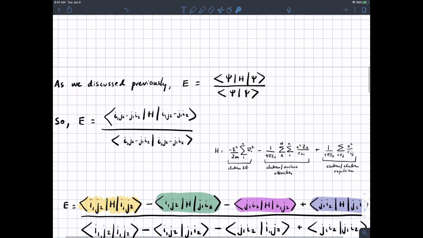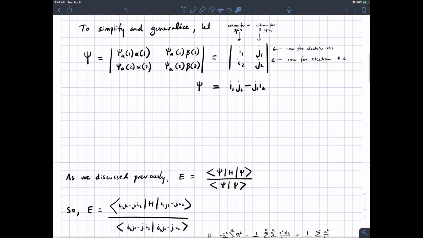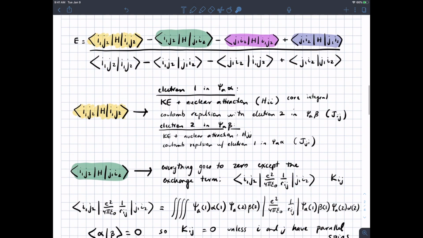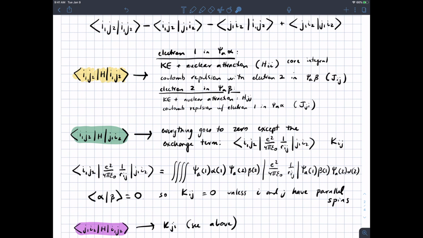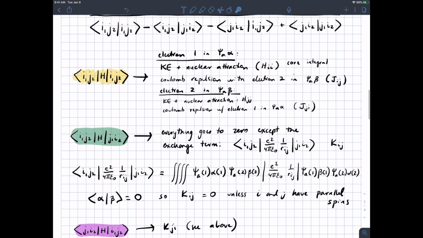If you go back and look at how we defined I1 and J1, notice that I1 has spin alpha, J1 has spin beta. The integral of alpha times beta over all space is just 0 because spins are orthogonal. So the kinetic energy term goes away. The term for nuclear attraction goes away.